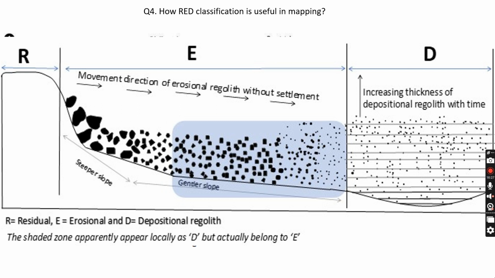So slope identification is very important, whether it is gentle or steep, because from higher slope things will definitely move down slope. So the diffusion erosion rate will vary, but erosion definitely occurs in both cases, whether it is steep slope or gentle slope, and it will come under erosional regolith.